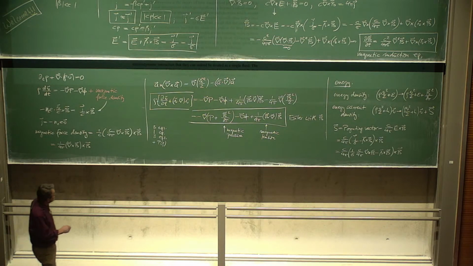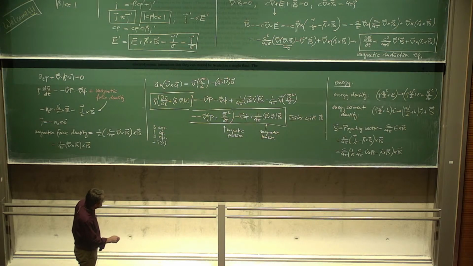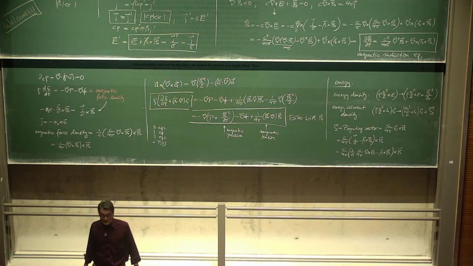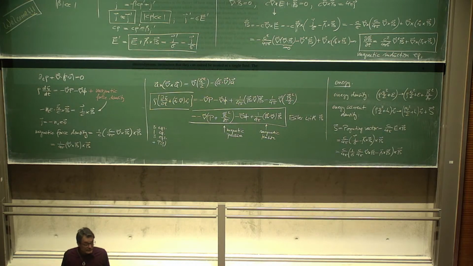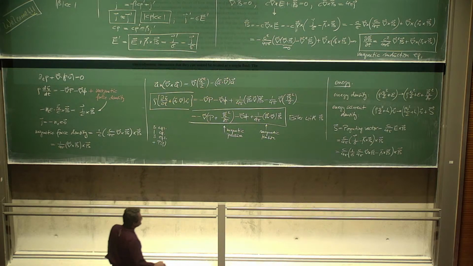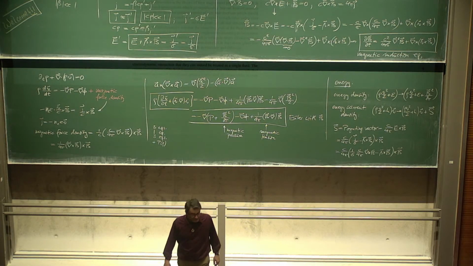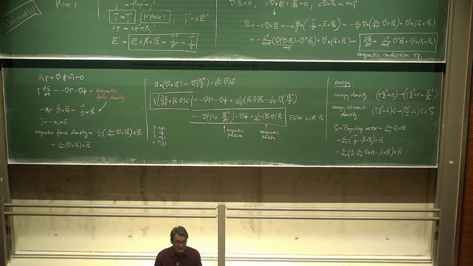We saw how we have to augment the Euler equation, namely by a term that tells you that magnetic fields don't want to be compressed or squeezed, and a term that tells you that magnetic fields do not want to be bent. Very intuitive. And we saw how we have to augment the energy conservation equation and then stopped, because it just becomes too tedious to write all these terms down. But you see the principle.